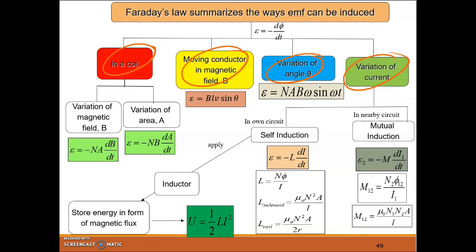We also have to know this one. Okay, all the calculations you learn in tutorial. You have this one for the rotating coil, for self-induction, mutual induction, and also the energy stored. You have to know all this.